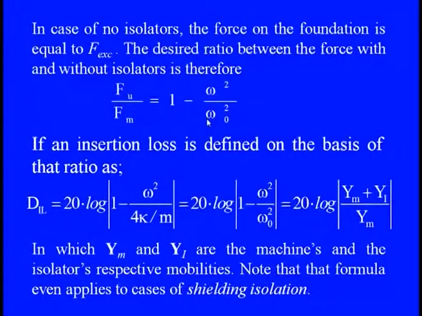So, 20 log of ym plus yi divided by ym, where ym and yi are the machine and isolator mobilities. This is applicable not only to isolators, but also to shielding isolation toward the receiver end.